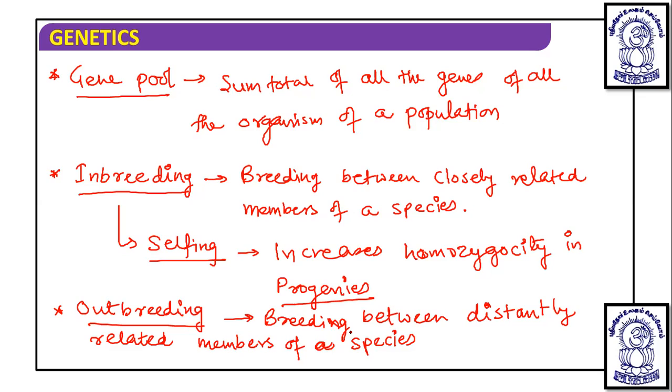Okay, so that is outbreeding. And outbreeding increases heterozygosity in progeny. So inbreeding is continuous selfing, while outbreeding is breeding between differently related organisms.